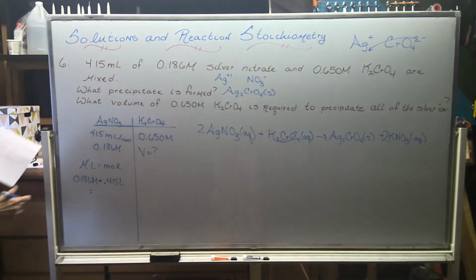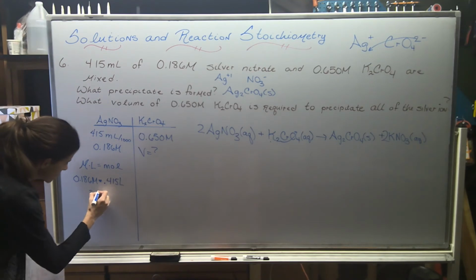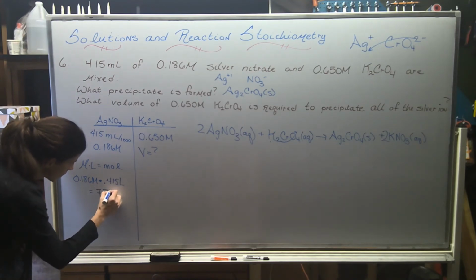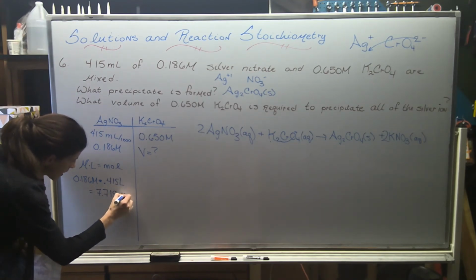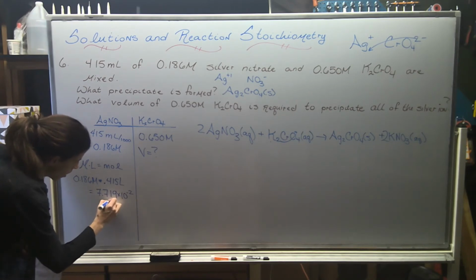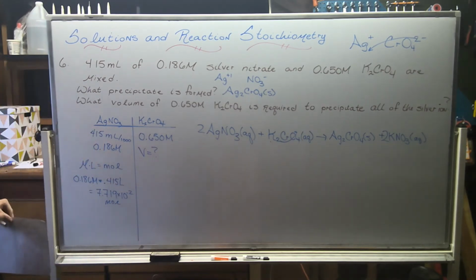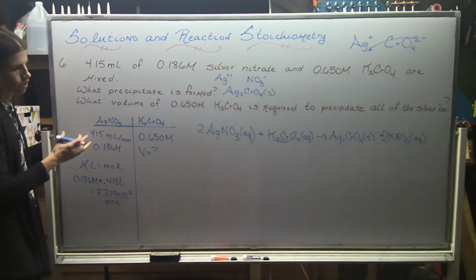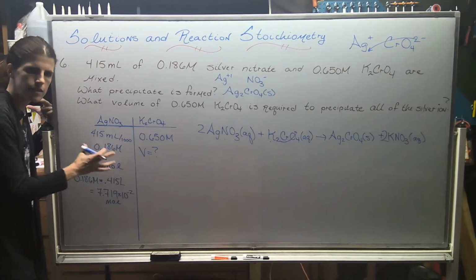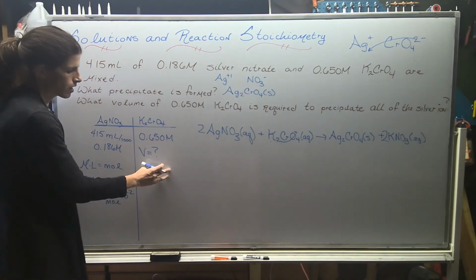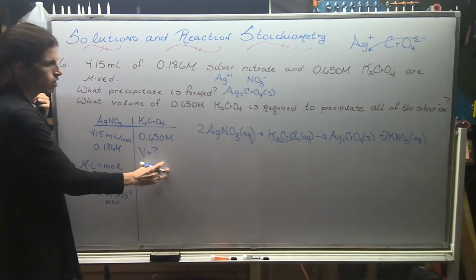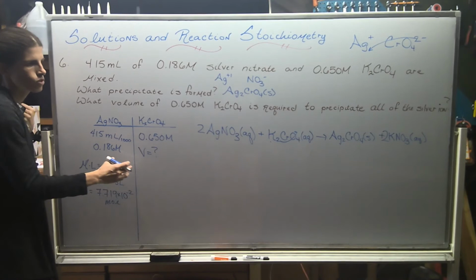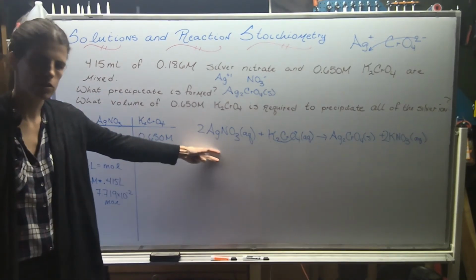So I'm going to get 7.719 times 10 to the negative 2 moles of silver nitrate. So again, the same rules apply with T-charts. If you're on one side of the T-chart and you want to start filling in information on the other side, the only way to connect the two sides is by your balanced equation.